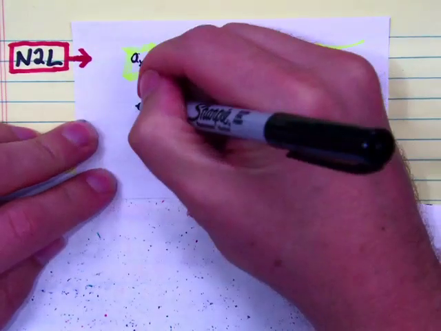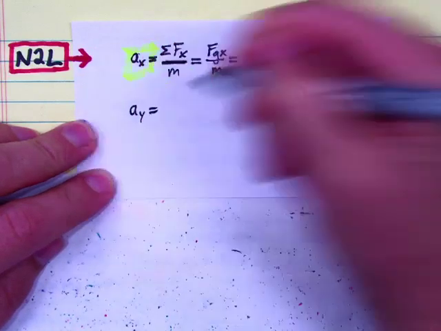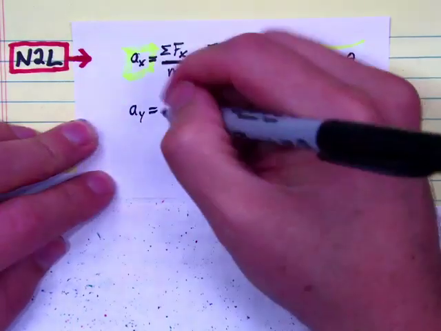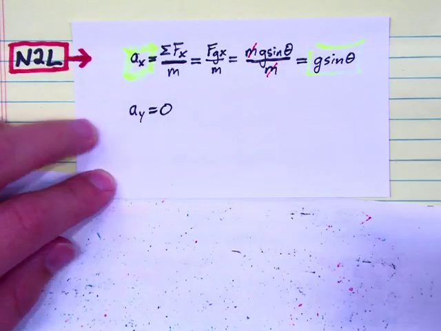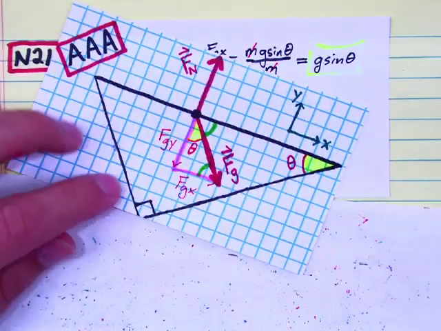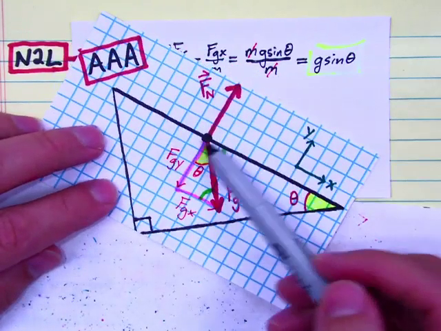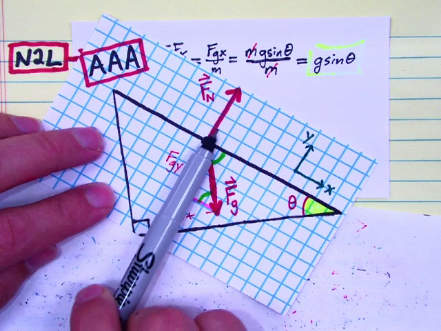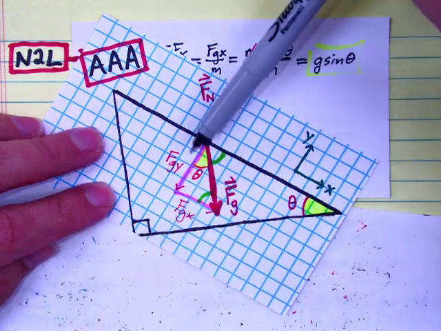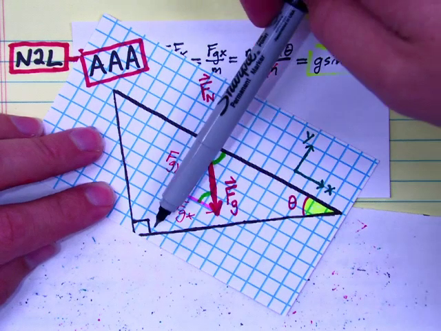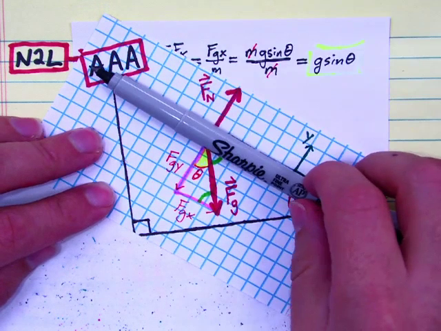Now go to the y direction, ay, and we restate Newton's second law, but here we know that we have zero acceleration in the y direction. How do we know that? Because whatever we put on the ramp is not going to levitate off the ramp in that direction, and it's not going to sink down into the ramp in this direction. It's only moving along that axis.